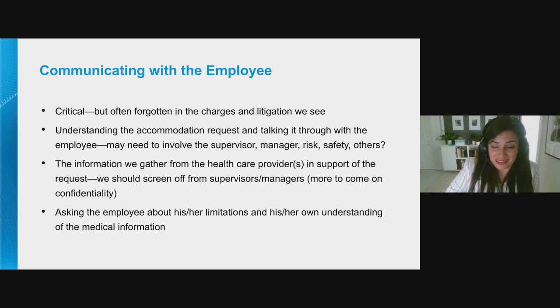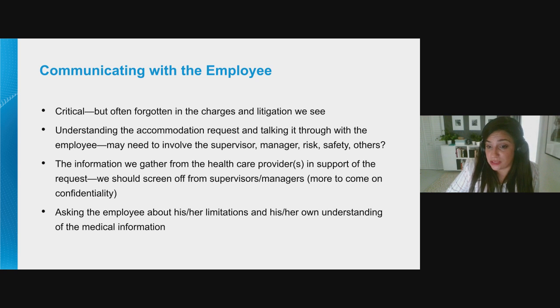Now, it's critical that we communicate, but you need to involve the supervisor, the manager. You need to look at safety. You need to look at the impact on the operations. And if you are going to say that something is an undue hardship and that you cannot provide it, you better be ready to justify, a year or 2 years down the line, should there be litigation, why it was an undue hardship.